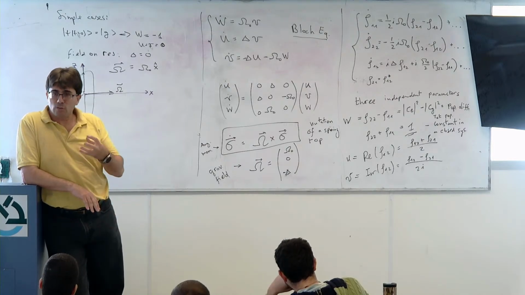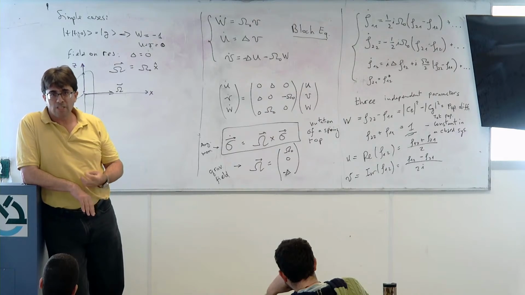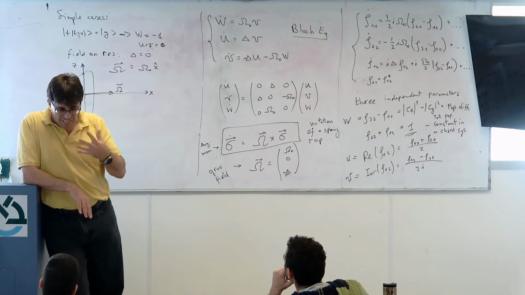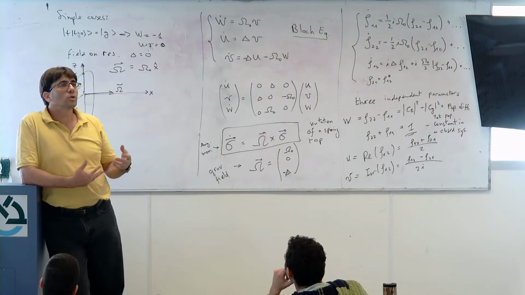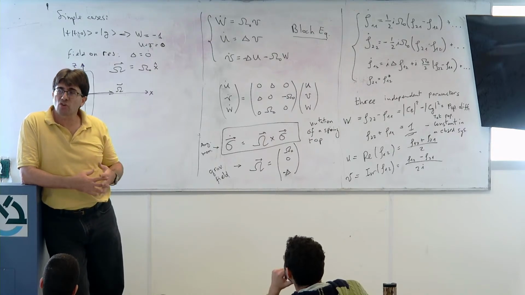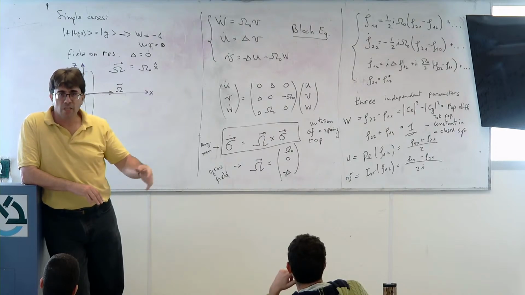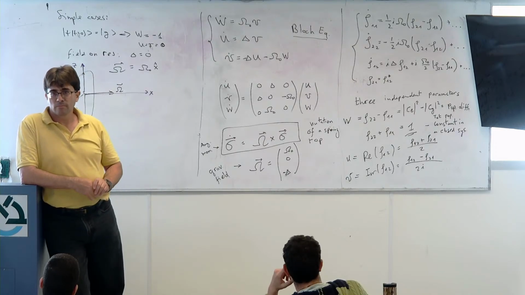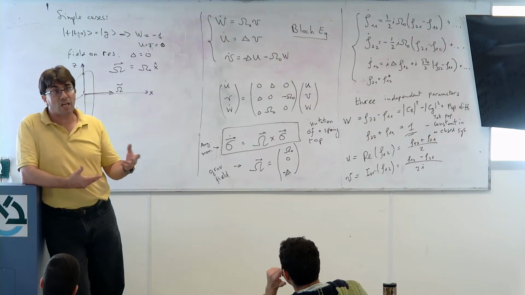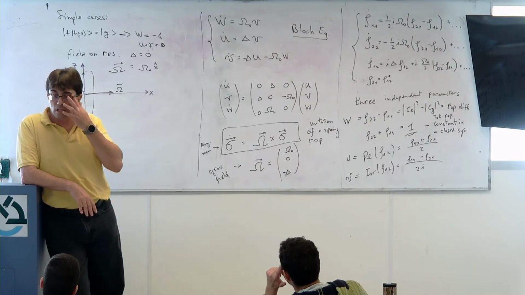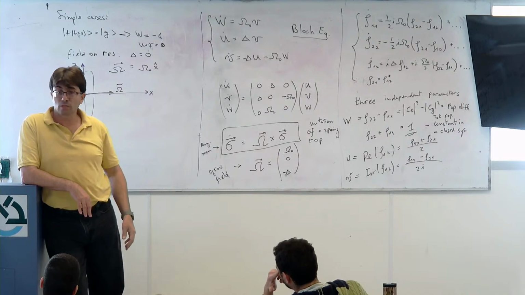So adiabatic rapid passage is much more robust to what we would call inhomogeneous conditions in the atomic ensemble. Inhomogeneous meaning not all atoms feel the same field, not all atoms have the same detuning. I don't care.